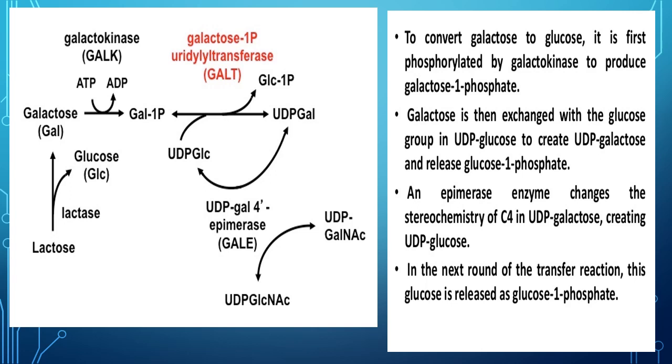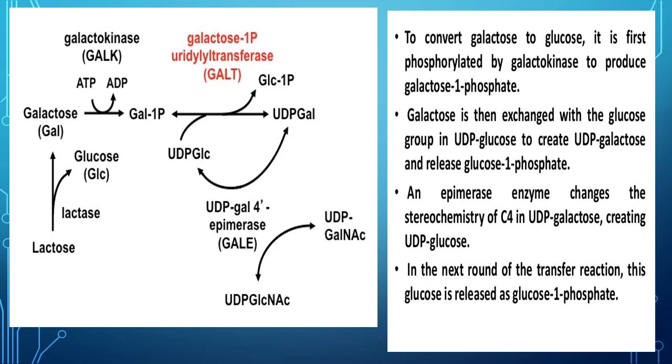It also releases glucose 1-phosphate, and this happens with the help of the enzyme galactose 1-phosphate uridyl transferase, known as GALT enzyme. GALT converts galactose 1-phosphate to uridine diphosphate galactose by combining with uridine diphosphate glucose, and it also releases glucose 1-phosphate.